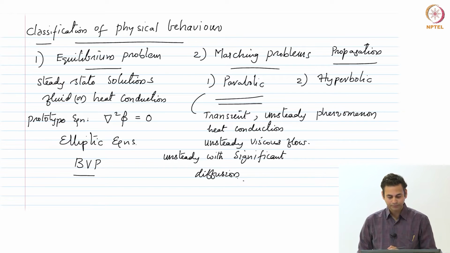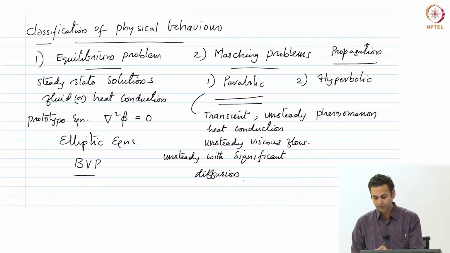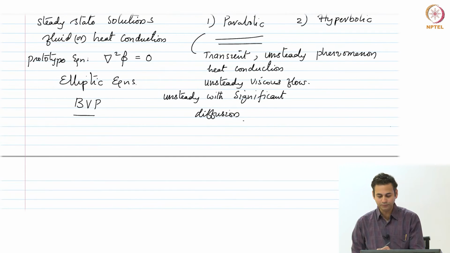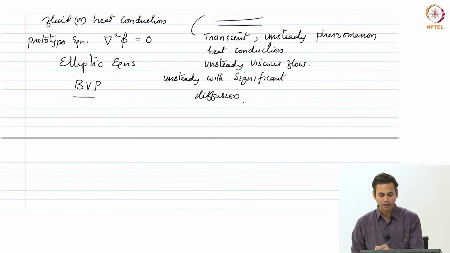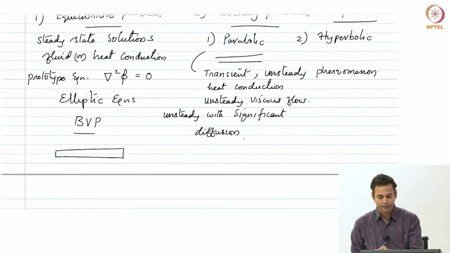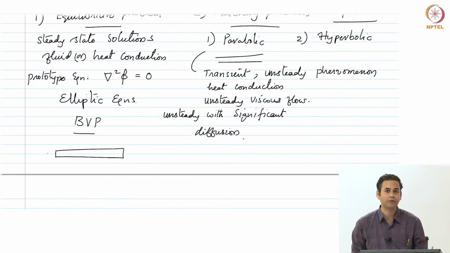For example, if you consider one dimensional, let's say we have a solid bar, okay, where we keep these two ends at different temperatures or at the same temperature.